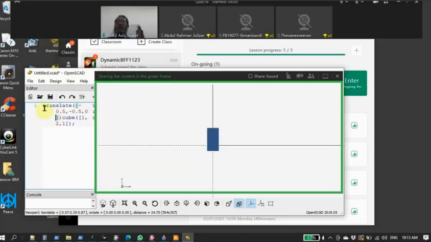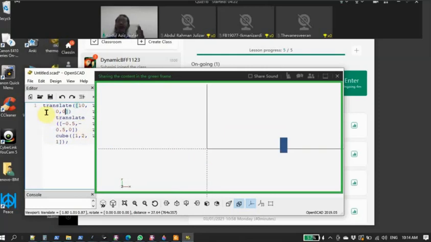We're going to move it to a certain location. Let's say make it 10, and then we're going to make a circular motion.